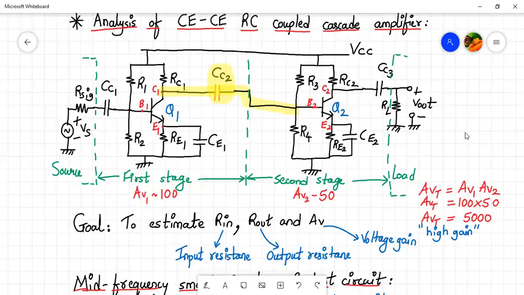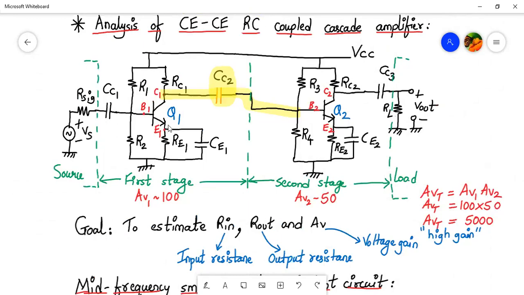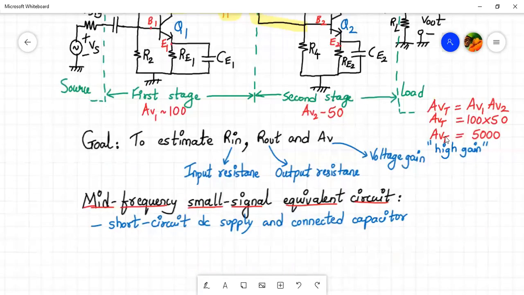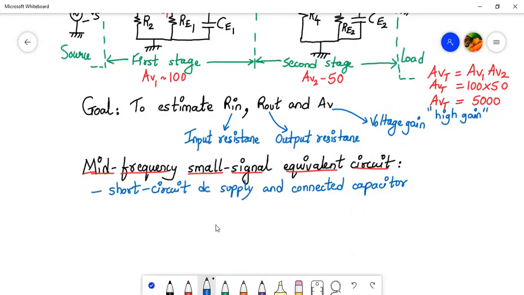So first of all, what we will do is replace the BJTs Q1 and Q2 with their hybrid pi model. So next step will be: replace BJTs with their hybrid pi model. Okay, so let's draw the hybrid pi model of both the BJTs first, and then we will proceed.